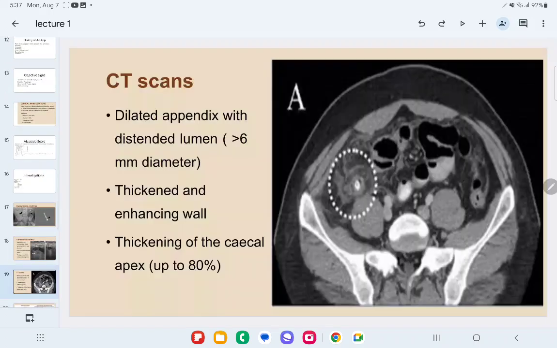This is a CT of acute appendicitis, which clearly shows fluid and a clear collection, and the appendix is thickened.